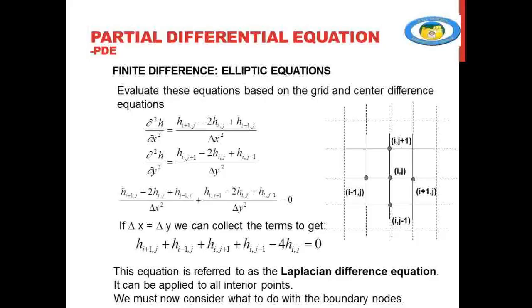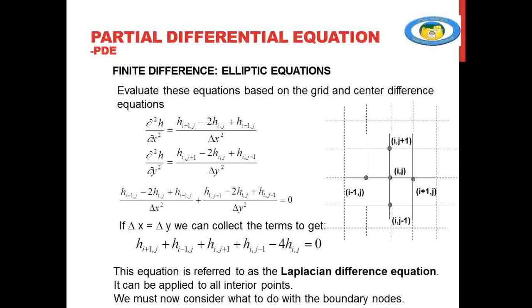So representing nodes along the x-axis by i, nodes along the y-axis by j, we can express the second derivative of h, for example, if the variable is h, along the x-axis as h at the i plus 1 node, along the j axis, minus twice h at the i node, with j constant, plus h at the i minus 1 node, over delta x square.